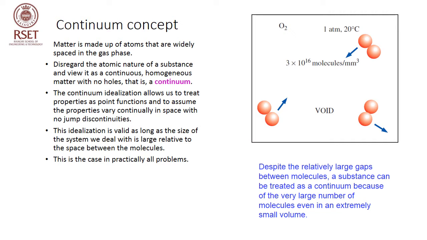So we'll take this continuum concept throughout our course, because we are taking systems with very high length scale. We are not taking any system with a smaller length scale. We are studying practical applications where the length scale of the system is very much higher than the mean free path.